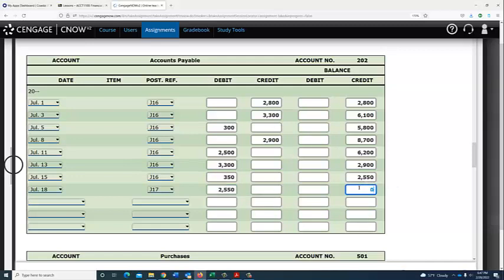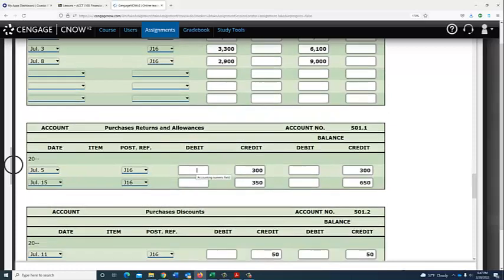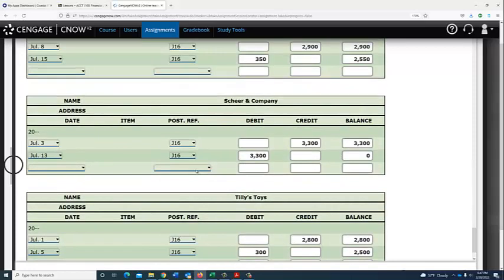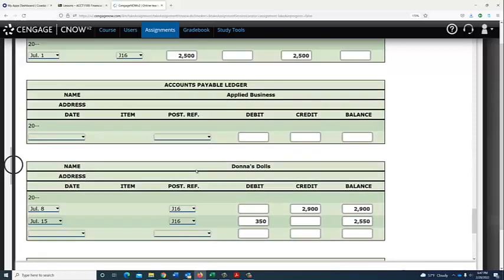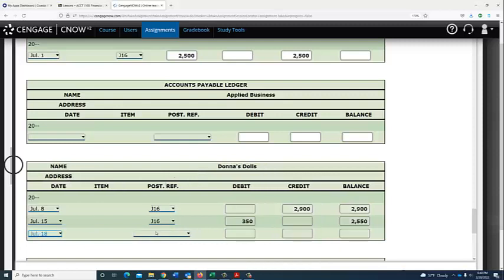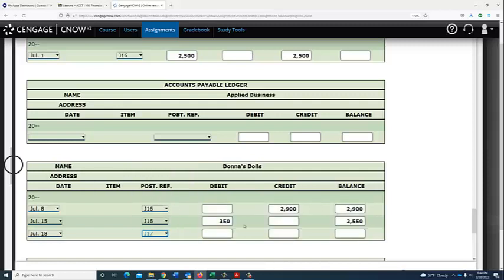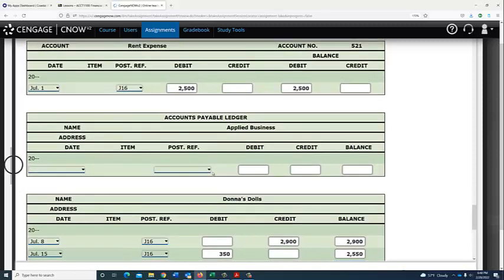So now the balance in accounts payable is 0. And now we'll go down to Donna's and post the debit. Okay, so now her account has been zeroed.